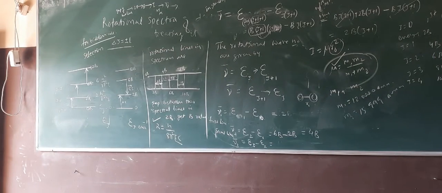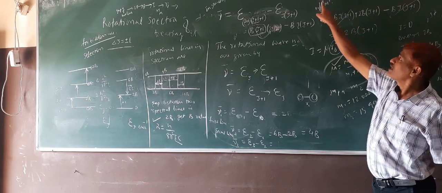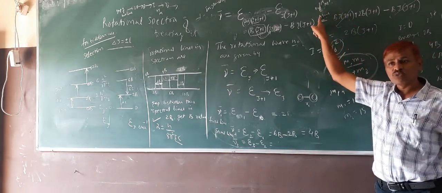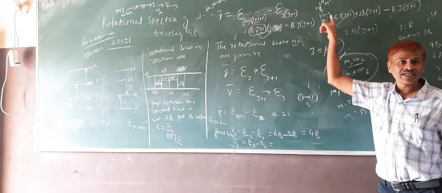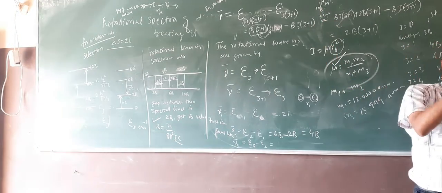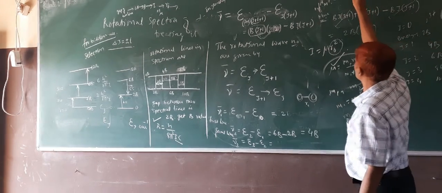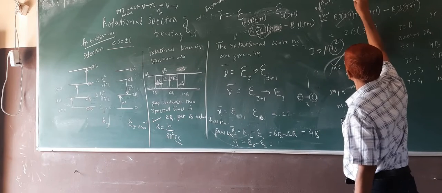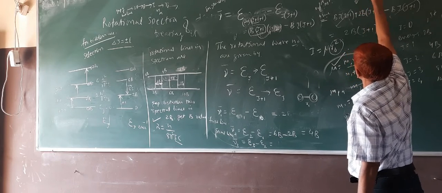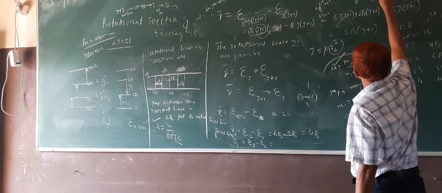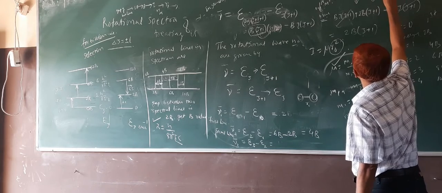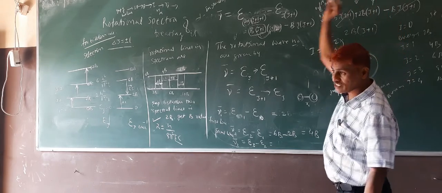The frequency of blue is more, because frequency is inversely proportional to wavelength. So for higher temperature, the color goes to blue, because lambda is shifting towards shorter wavelength, higher frequency. Higher frequency means higher energy, since E is equal to h nu.